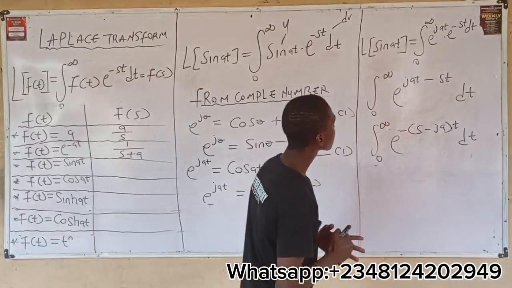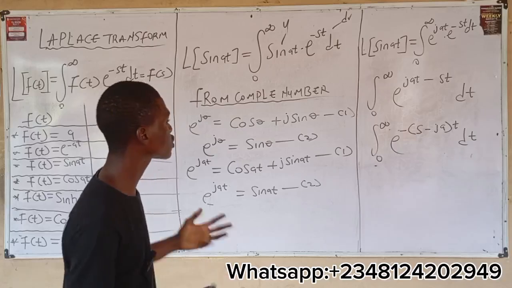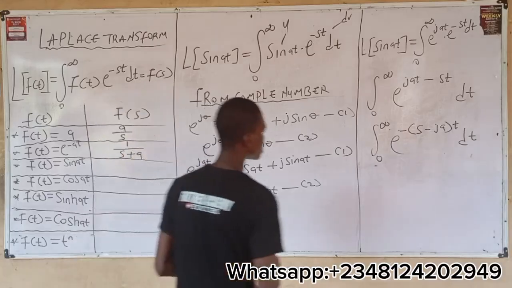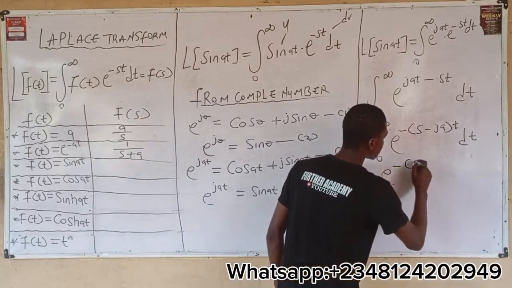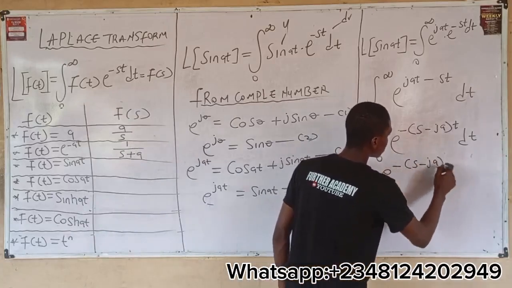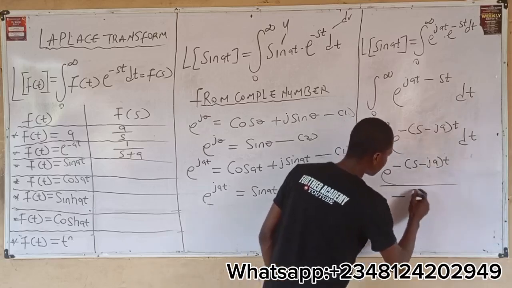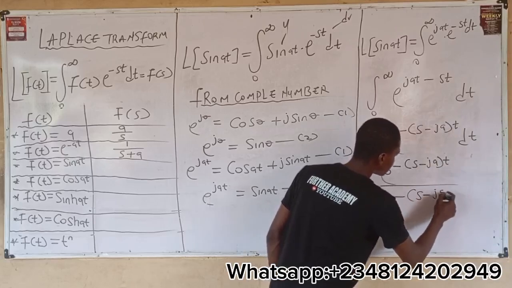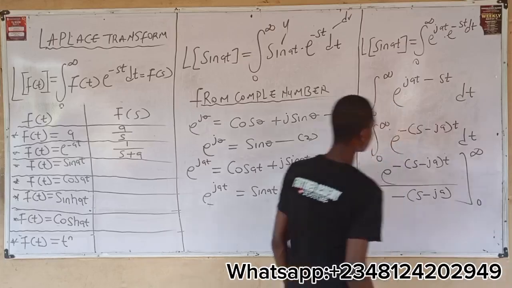Alright, now from here, let's integrate. Integrating, you then have exponential negative, all into bracket s minus ja, all divided by negative, all into bracket s minus ja. Introduce your limit from infinity to 0.